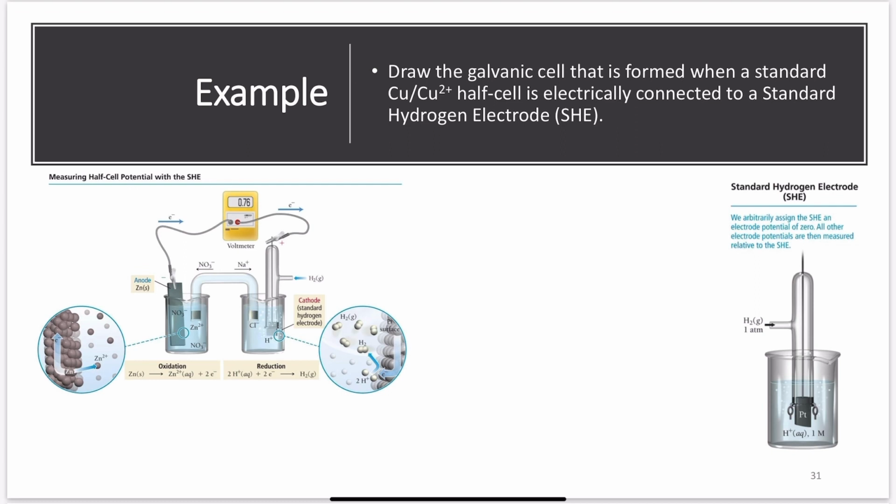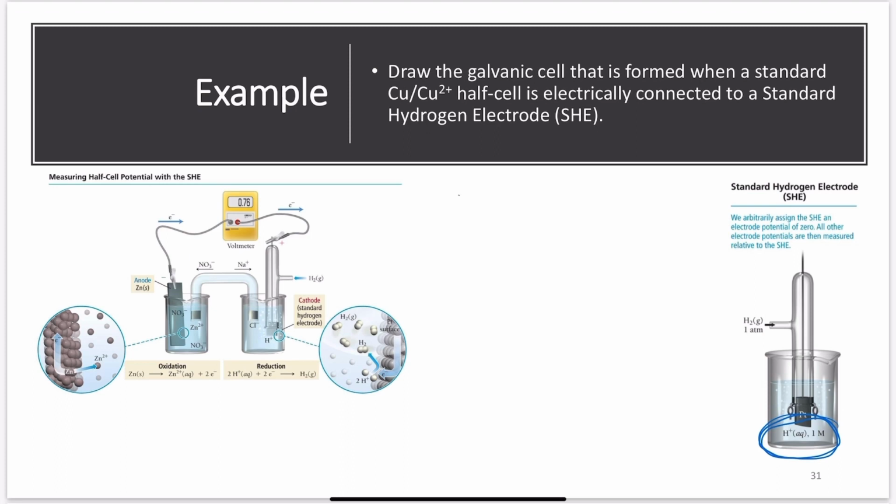We've got a piece of platinum wire in here, and we bubble hydrogen gas through it. The hydrogen gas will either be reduced or oxidized, depending on what I'm doing in solution. The solution, H+, just means it's an acidic solution, so we're going to use some kind of acid with a spectator ion that's not going to react, like hydrochloric acid, sulfuric acid, or nitric acid.